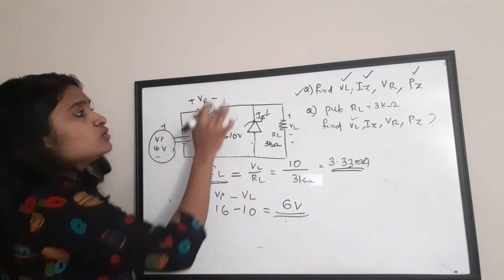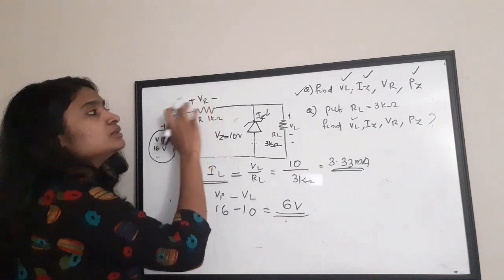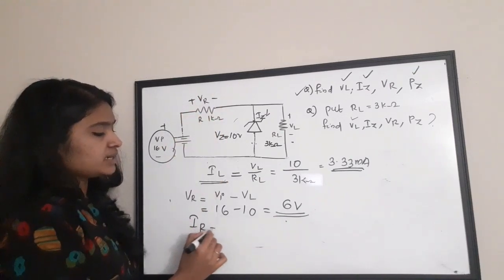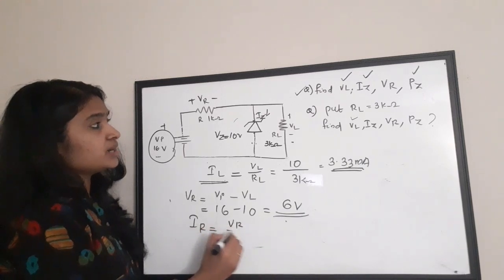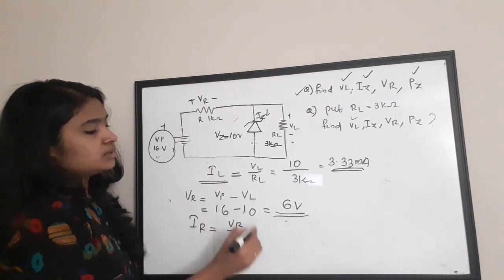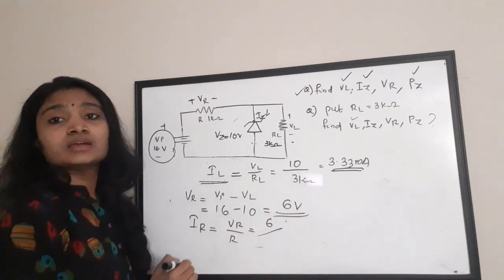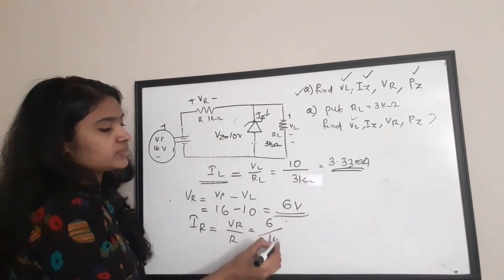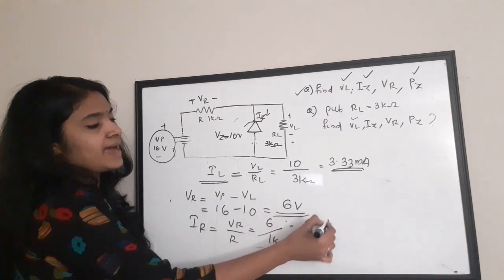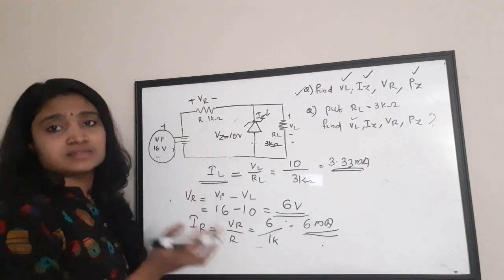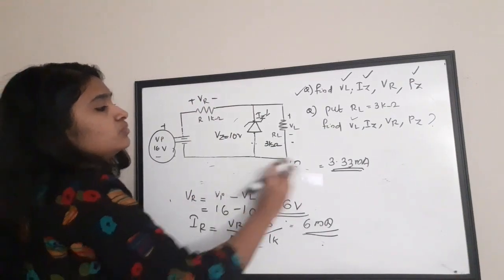Now what is the value of the current flowing through this resistor? That is IR. What is IR? IR is equal to VR by the value of R. Okay, so VR means 6 volt. So 6 by 1K. So 6 milliampere is the value of current coming across this resistor. Now, what all things do we have?